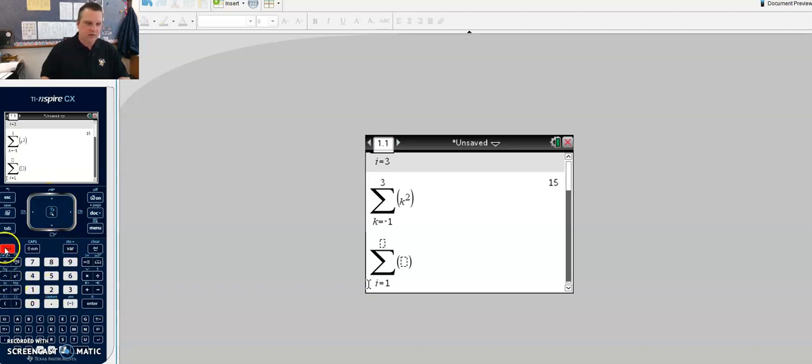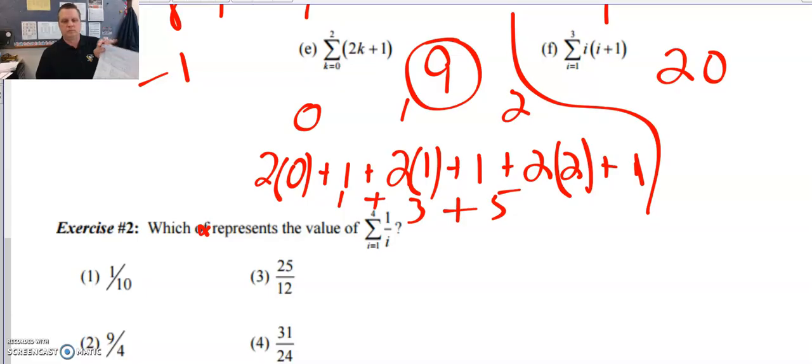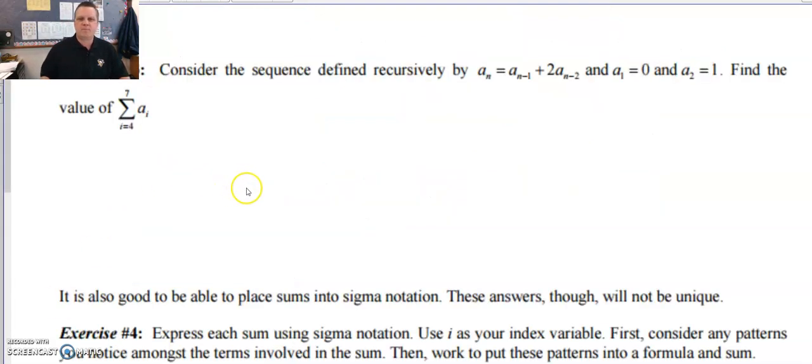Don't be scared. Control fraction, 1 over i, and then back up top to 4. Enter, and it is 25 over 12. Choice 3. Not too bad.